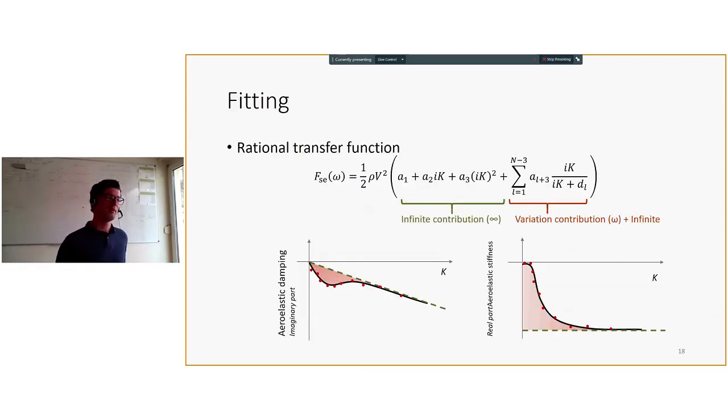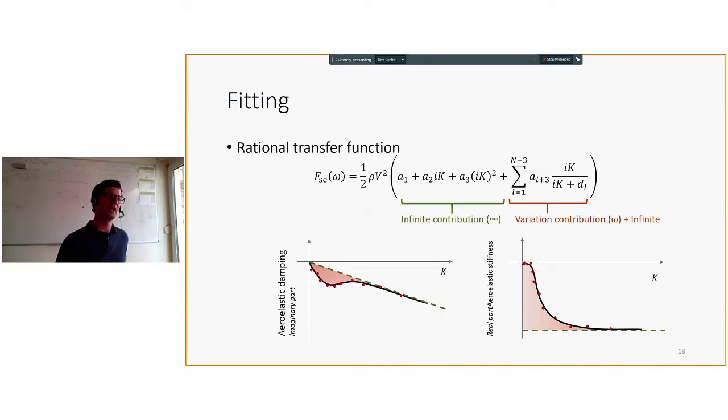So there are different methods already available in the research. One of them is rational transfer functions that are fitted to those derivatives, and then we find some analytical transformation for those expressions. So I took this theory. There are also other similar ones. They all work on the same concept, but they can have different aspects.